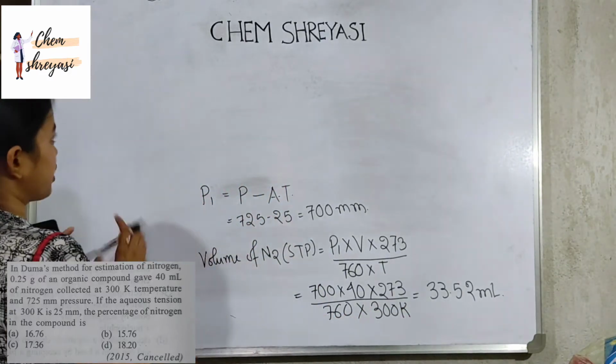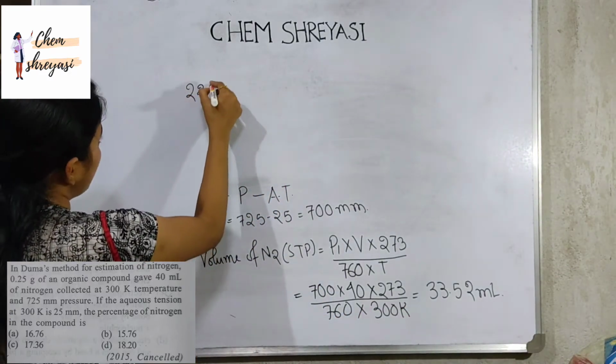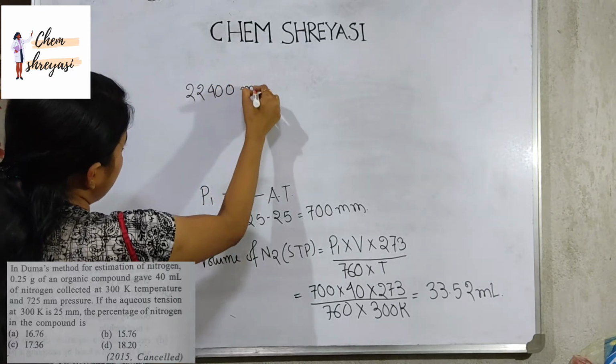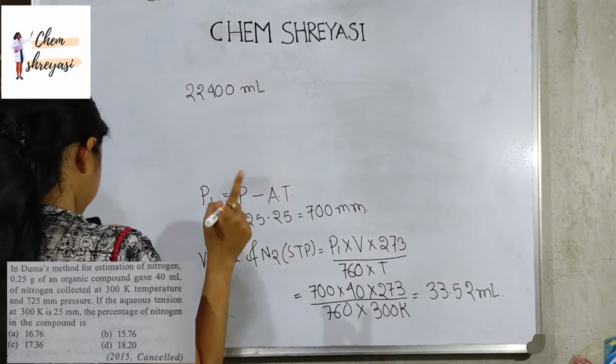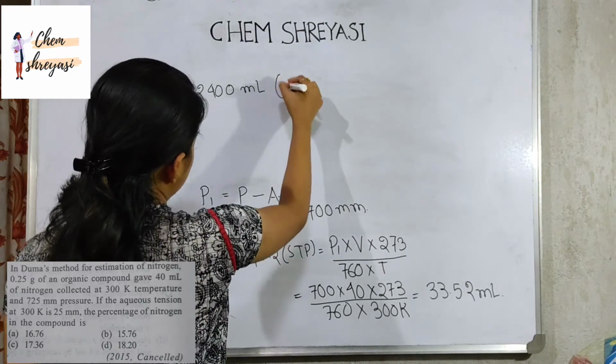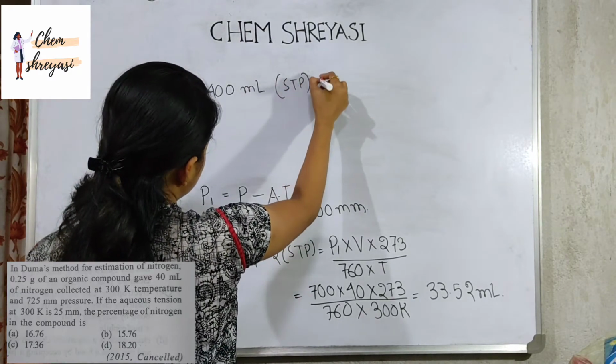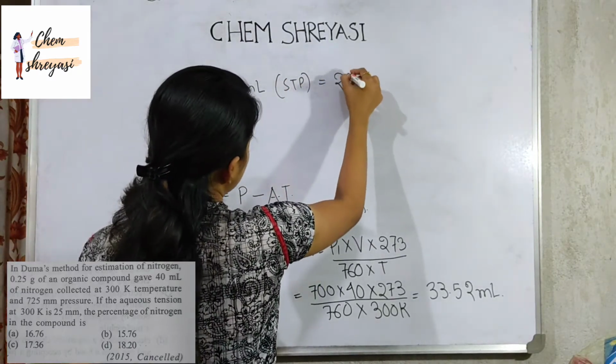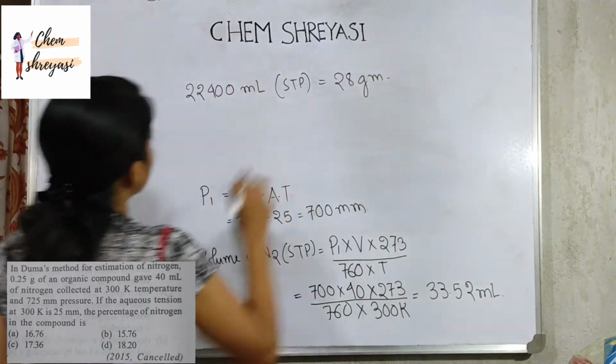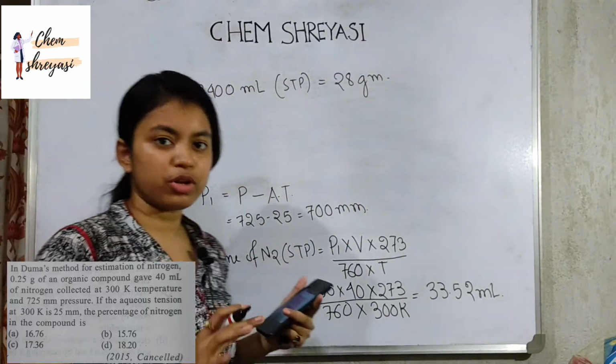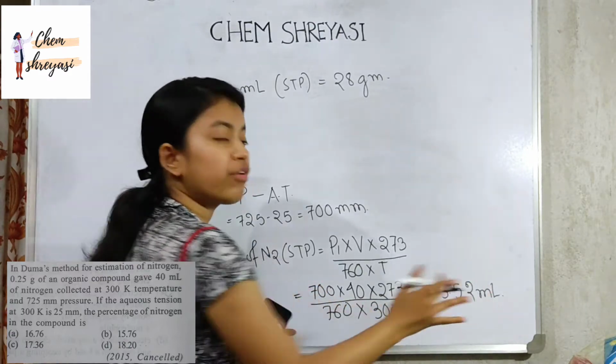Now moving to the next section. 22,400 ml of nitrogen at STP, standard temperature and pressure, weighs 28 gram. Now we don't have 22,400 ml of nitrogen, we have only 33.52 ml.